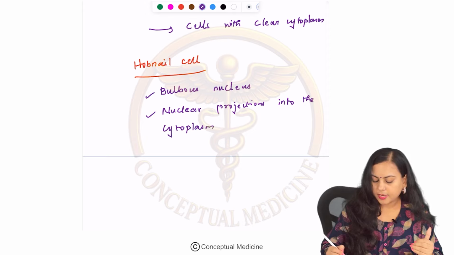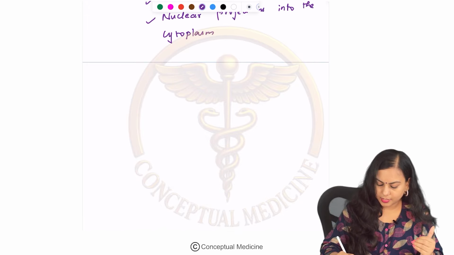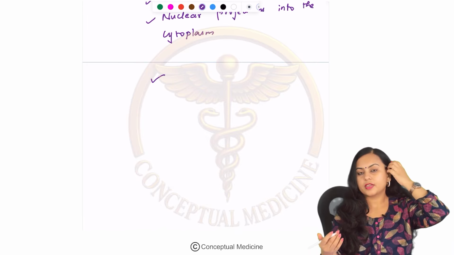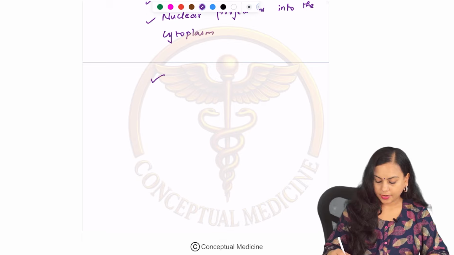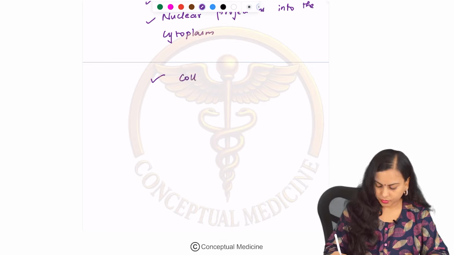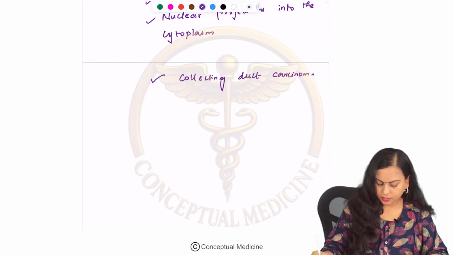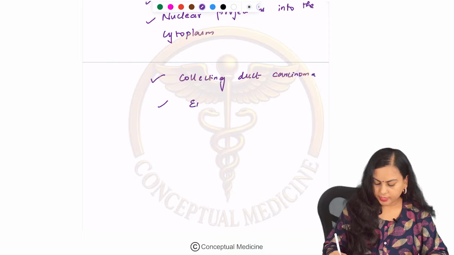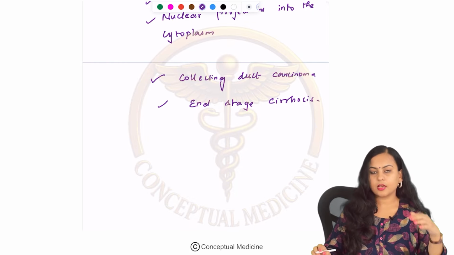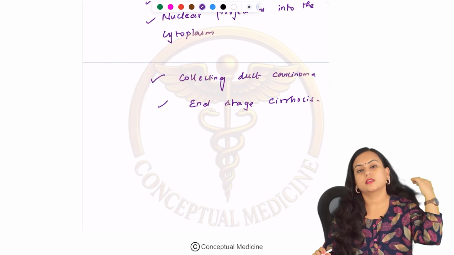Okay, and a Hobnail cell is seen in clear cell ovarian adenocarcinoma and also in collecting duct carcinoma as well as end stage cirrhosis.